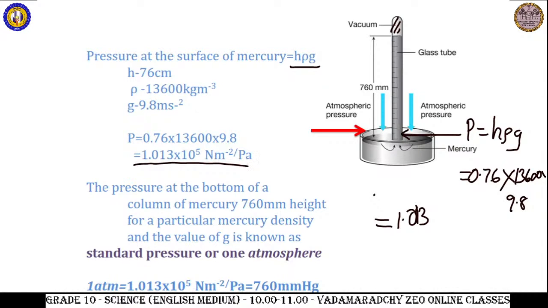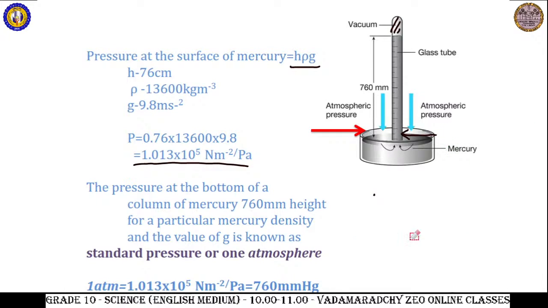Now we find out the pressure at the bottom of the tube. Using the formula already studied, pressure is h into rho into g. h is 76 centimeters, rho is 13,600, the density of mercury, and g is given as 9.8.